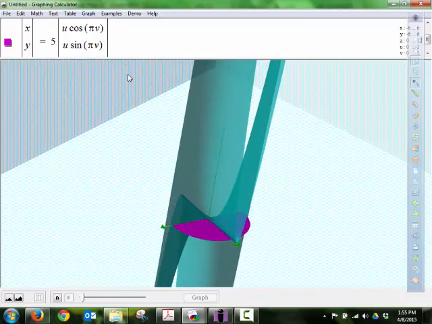So if I actually want to put a cover, I would put the cover on the outside of the cylinder.